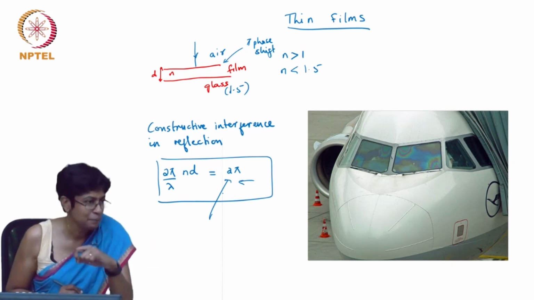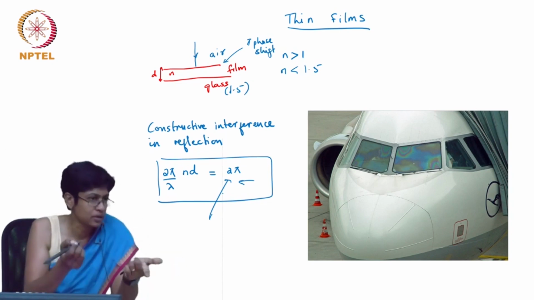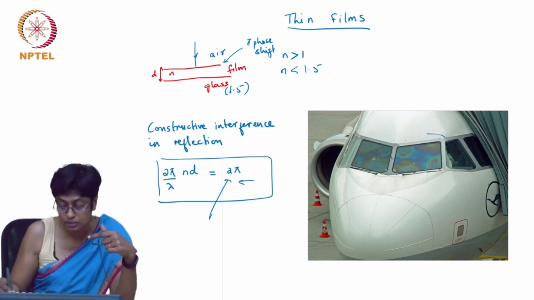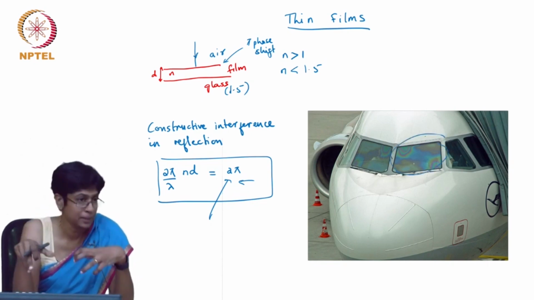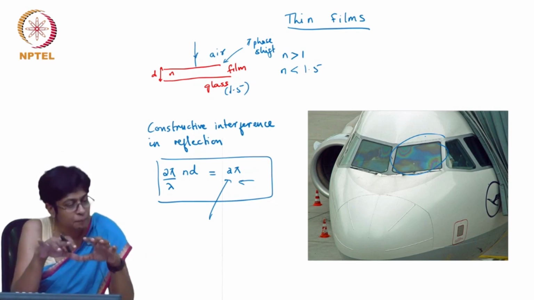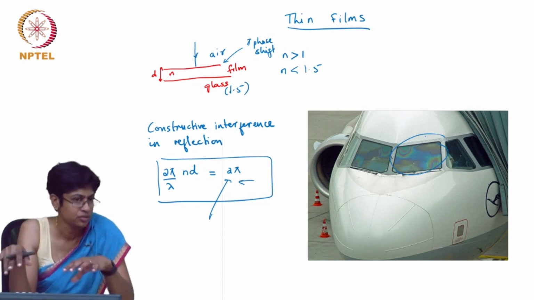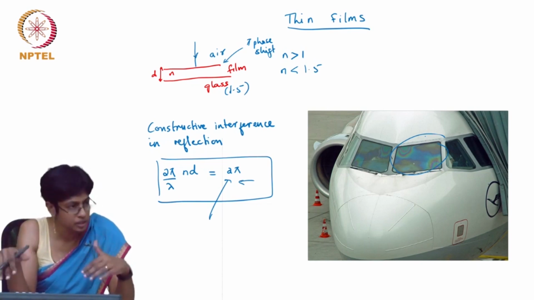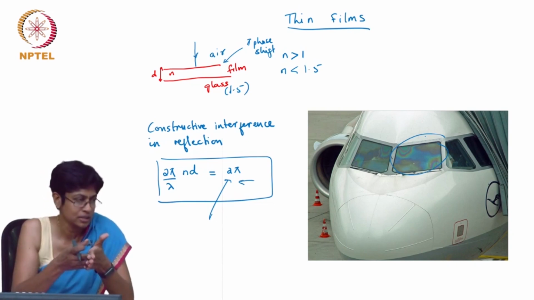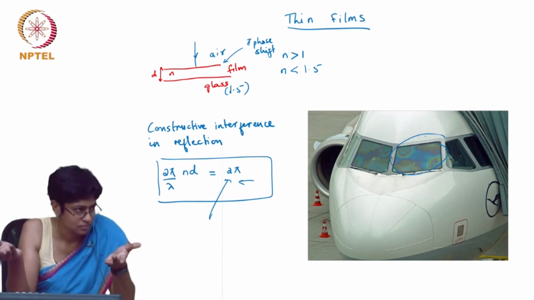If I change lambda, it means that there is a different condition for that wavelength. So the different colors in this picture here, that part of the plane, means that the film thickness is varying, and at different places different wavelengths are satisfying the constructive interference condition, and wherever a particular wavelength satisfies it, you will get that color reflected back.